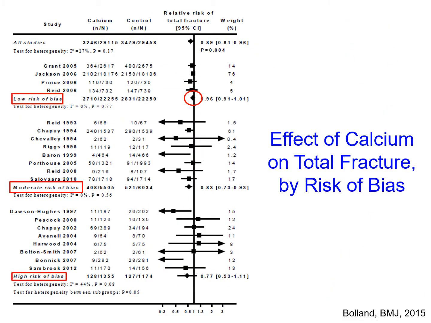This is a pooling of data again. These are trials, some of them done a long time ago and some of them done more recently. And the trials have been classified according to how well done they were, which is substantially influenced by how large they were.